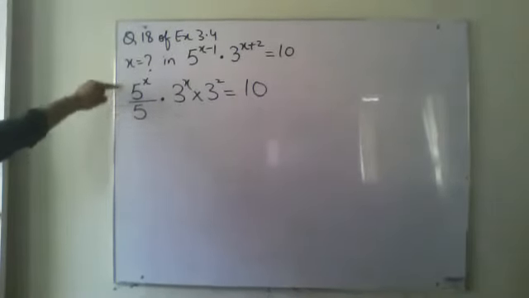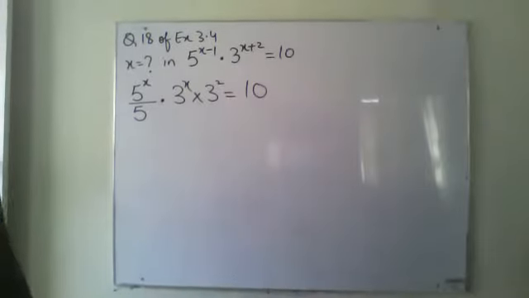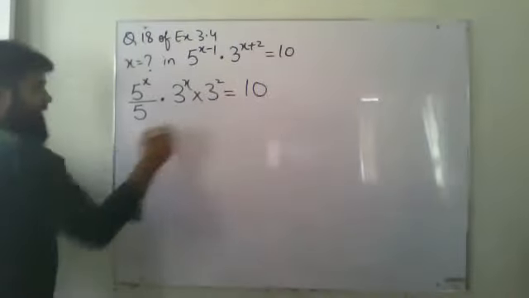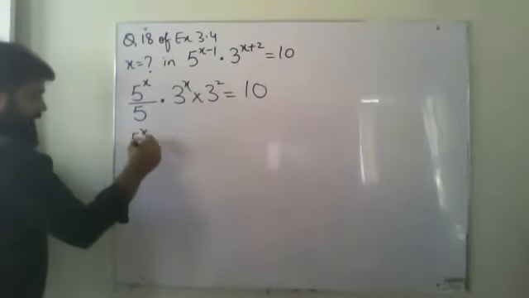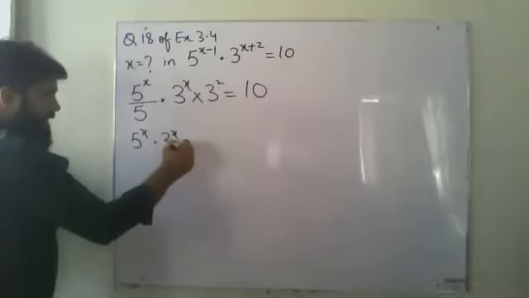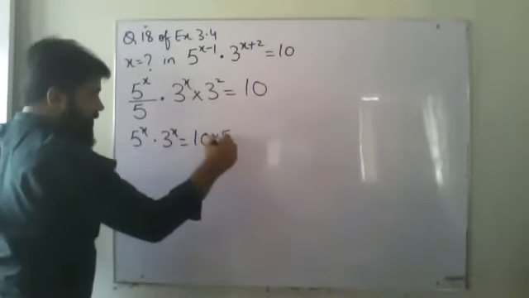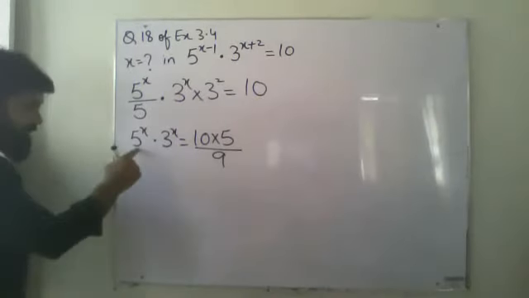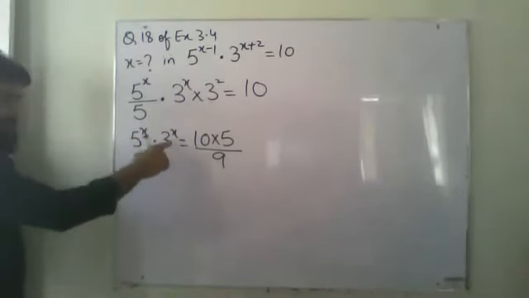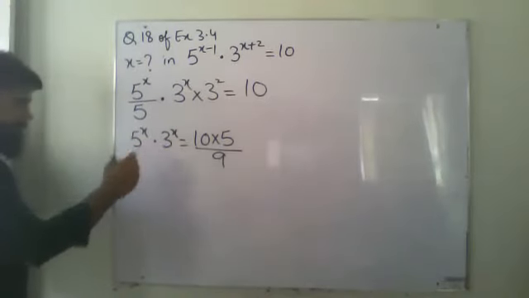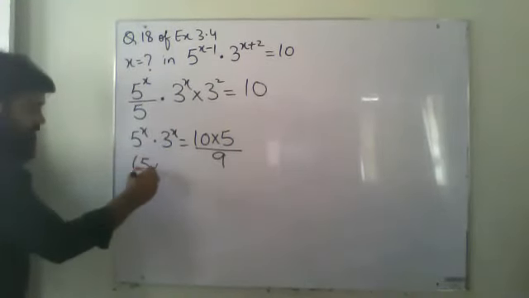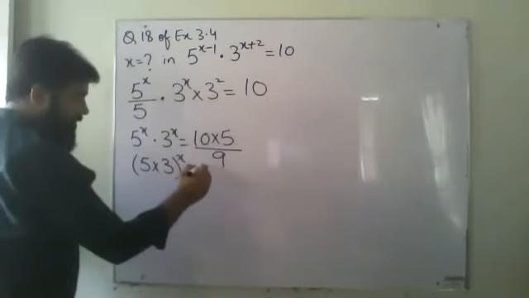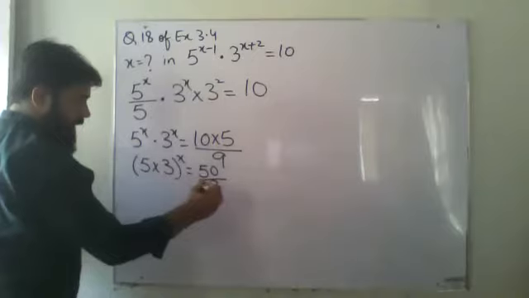I have written it in fraction form when I break their indices. Now I'm shifting this 5x over here. 5x into 3x equals to 10 into 5 over 9. Okay, now you can see 5 has power x, 3 has power x, and both are getting multiplied. I can write it 5 into 3 whole power x, and this will become 50 over 9.